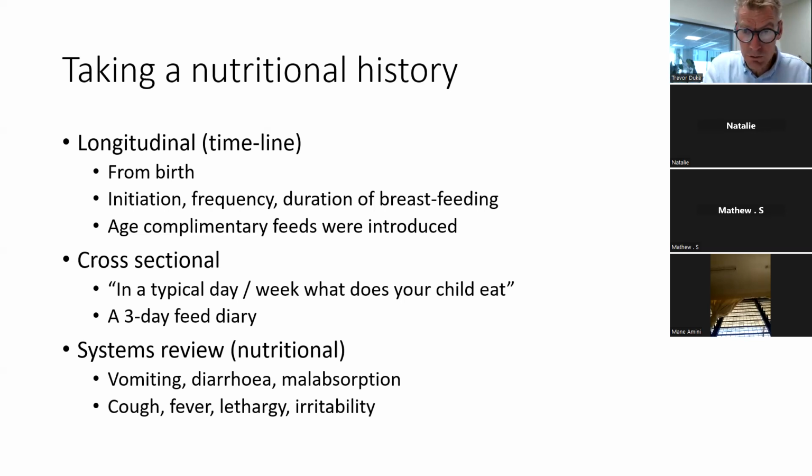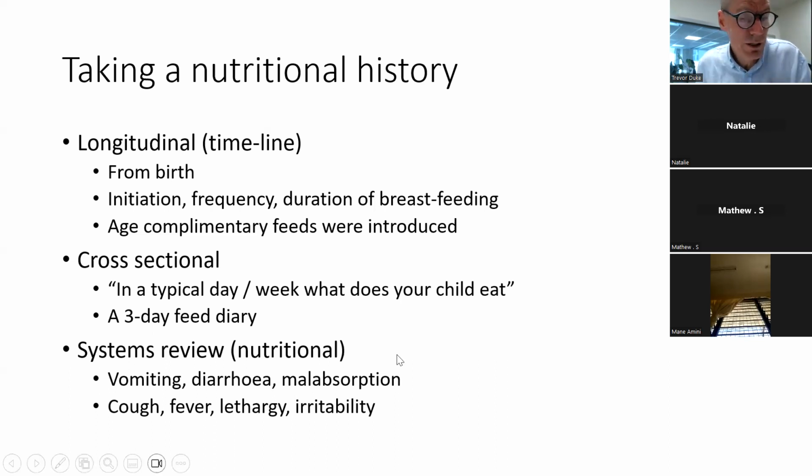So that's a cross-sectional history. So a longitudinal history, looking at a timeline from birth to however old the child is, and then a cross-sectional history on a typical day or a typical week. What does your child eat? And trying to understand these issues that I talked about before, about the frequency of feeds, the volume of feeds, the diversity of the diet, etc.